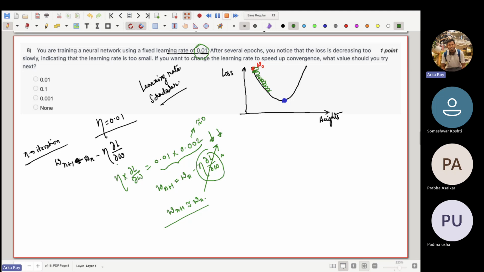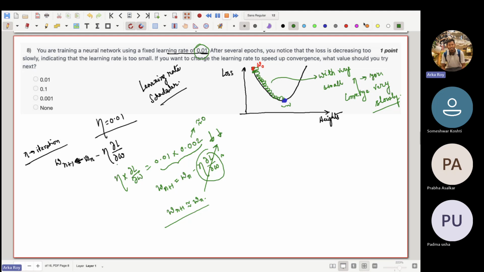You will take a large amount of time to reach this particular global minimum. So with a very small eta, you converge very slowly.